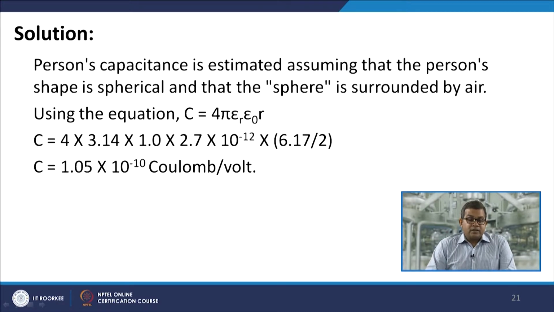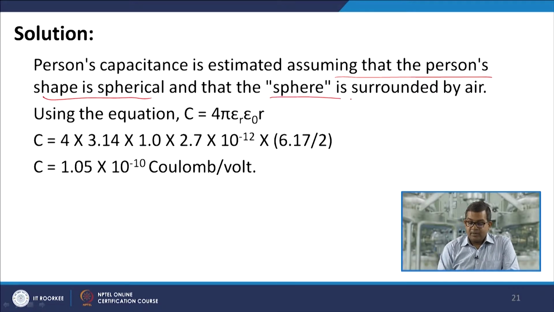While we are considering the solution, the person's capacitance is estimated assuming the person's shape is spherical. That is purely an assumption, remember, and the sphere is surrounded by air.